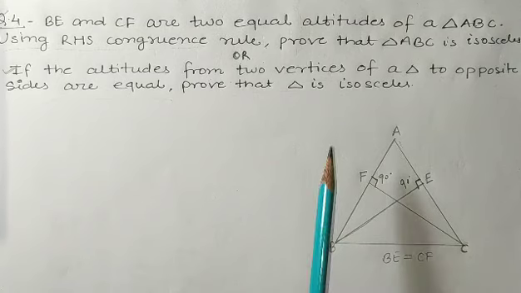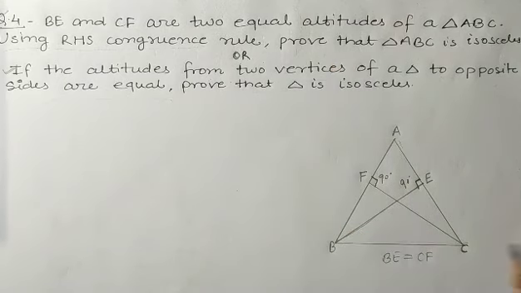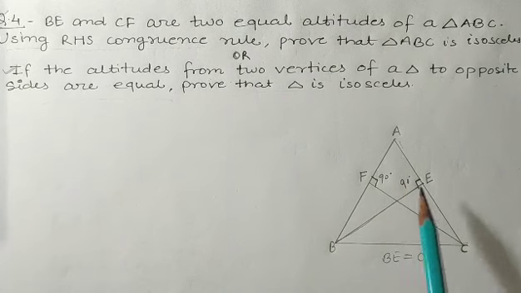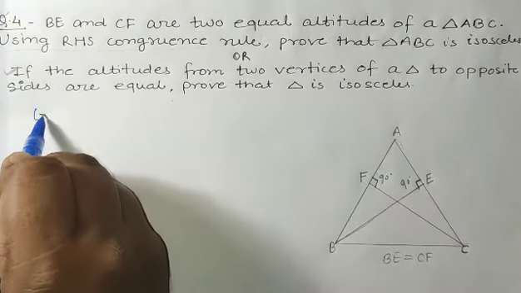The sense of both questions is the same: if in a triangle two altitudes are equal, then we have to show that the triangle is isosceles. So here, firstly we'll write what is given.